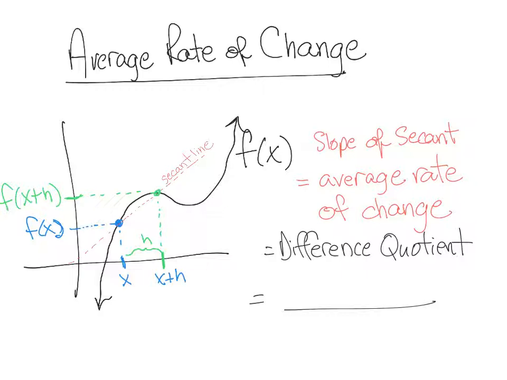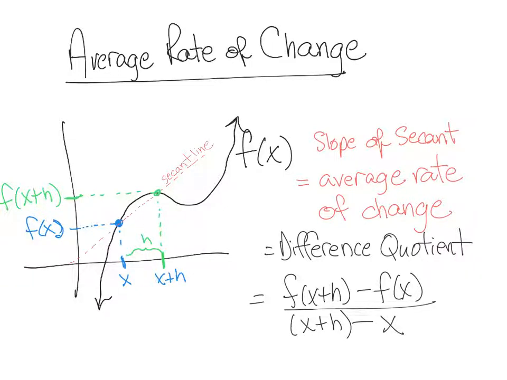And the formula for slope is y minus y divided by x minus x. Now, I have to start at the same place. If I put this y value first, I have to start with that x value minus the second x value.